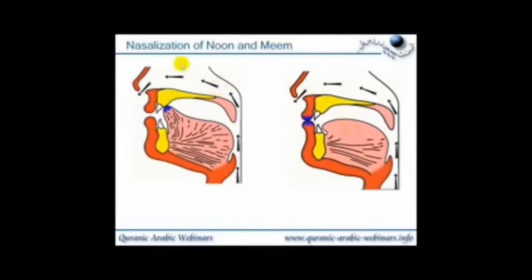The next slide is about what we call nasalization. So there are times when you're pronouncing certain things in Arabic where you hold the sound in your nose, so it's like a small reverberation inside your nasal cavity. We're going to study the nasalization of noon and meme here, and this nasalization that takes place is known as al-ghunna.